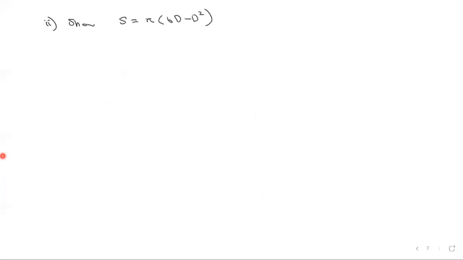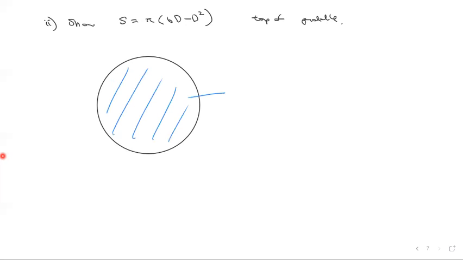If you think about the fact that it's revolved around the y-axis, you just need to find pi r squared. So you need to find r.